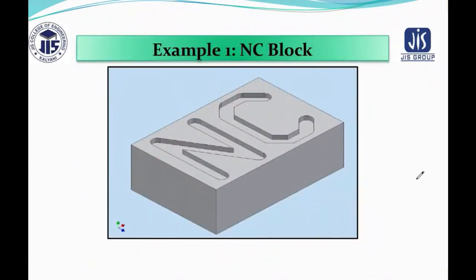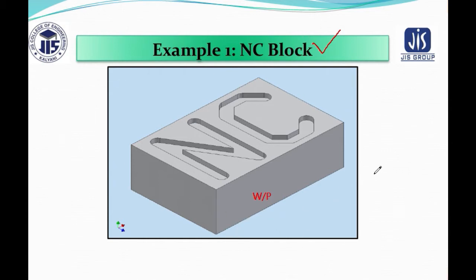Now just have a look at this particular block. This is an NC block. That means this is your raw material, or you can term this as your workpiece material. It has already been instructed to you that over this block you have to write NC, that is the numerical control. So this is the output product.